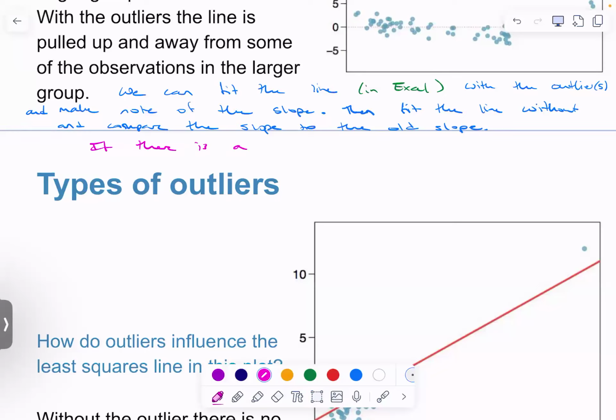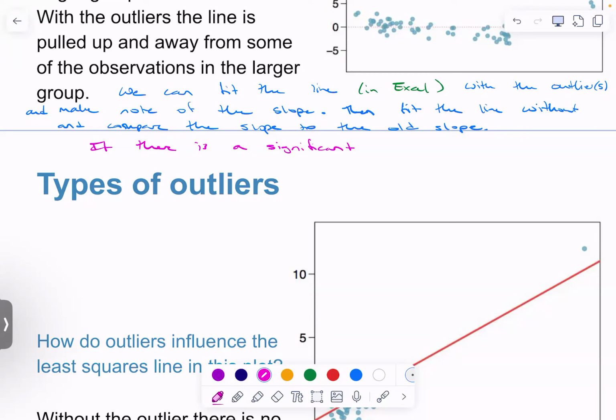If there is, I usually don't use the word significant, right? Because significant implies a hypothesis test, right? And you can do one, and so that's why I'm comfortable saying it.